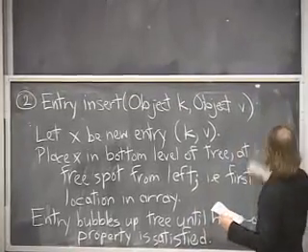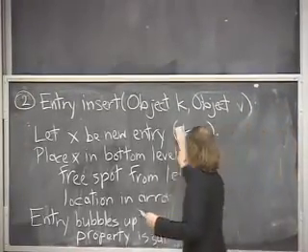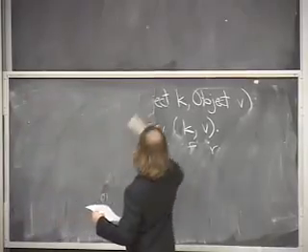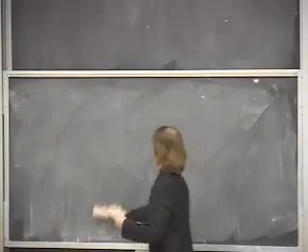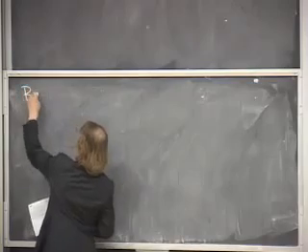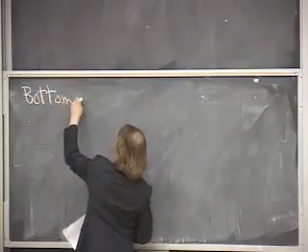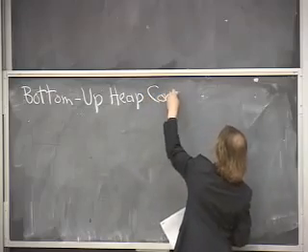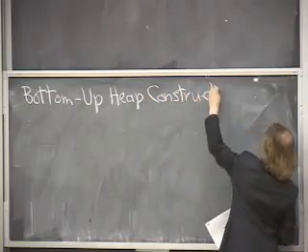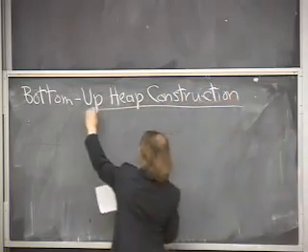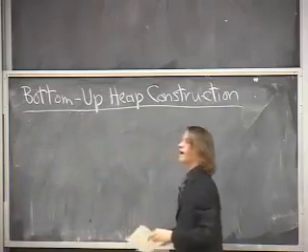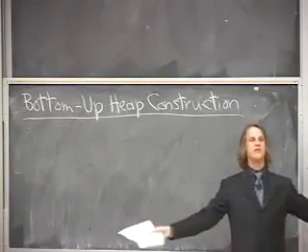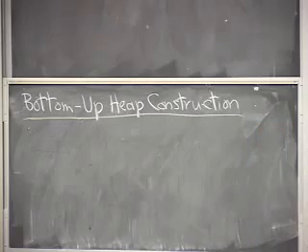So there's one more operation we want to learn about. It's called bottom-up heap construction. What this is about is, suppose someone just gives you a big bunch of events in random order and you want to make a heap out of them.